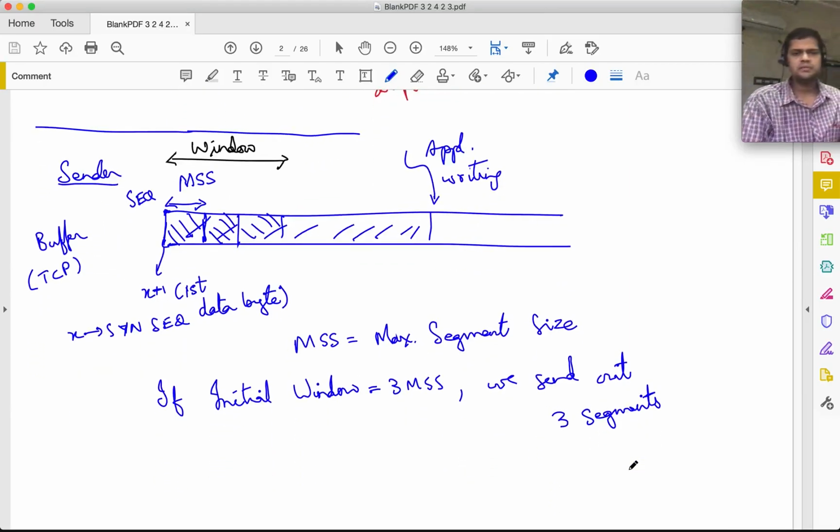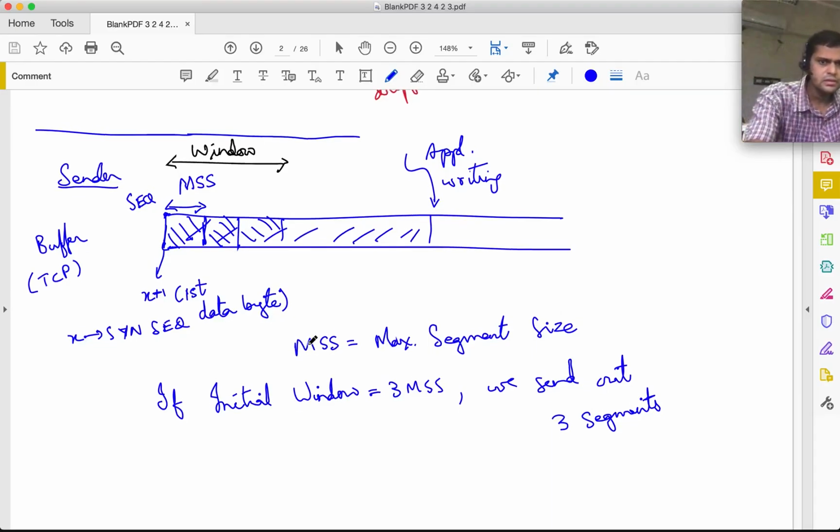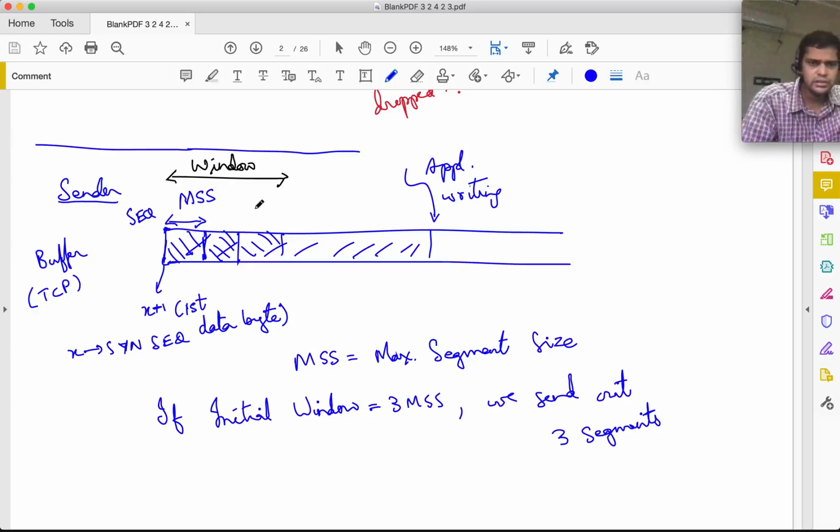The MSS of course is set appropriately by the OS. It would be around 1,500 bytes. So this is what we would do initially. If my window size was 3, I could send this out.